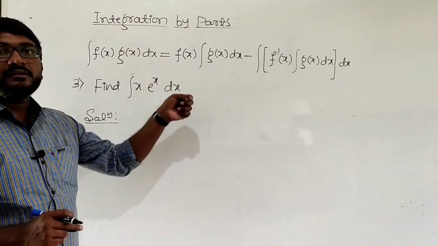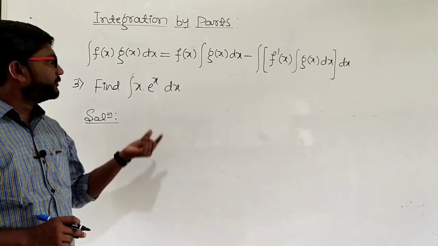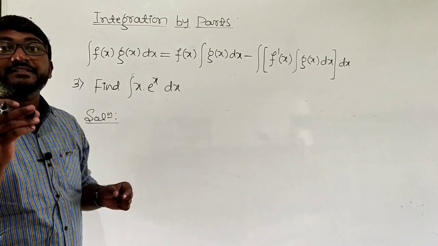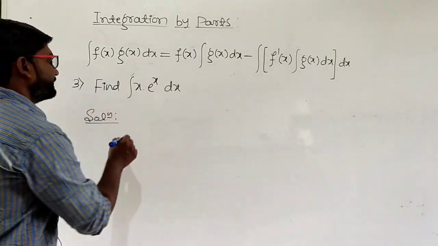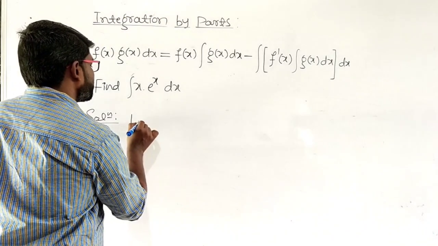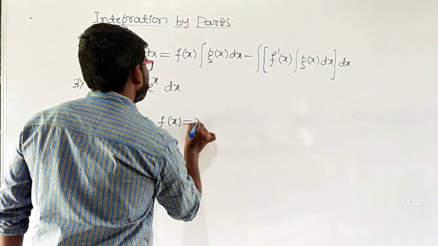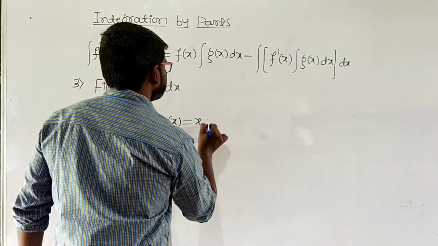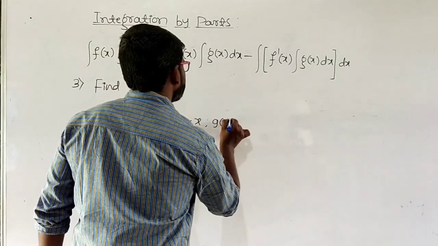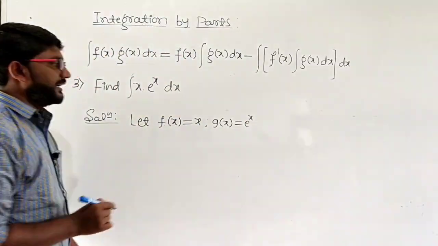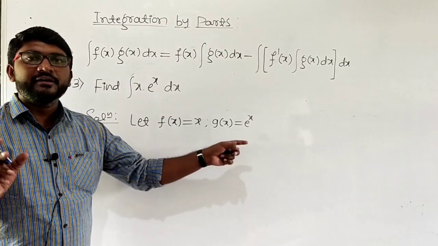A means algebraic, so here x is an algebraic function and e raised to x is an exponential function. For that reason we take x as the first function. Let f of x equal x and g of x equal e raised to x. Actually you have to write the formula every time.